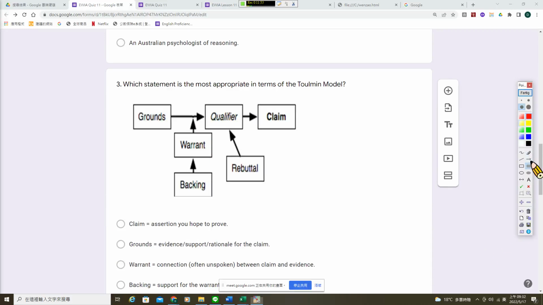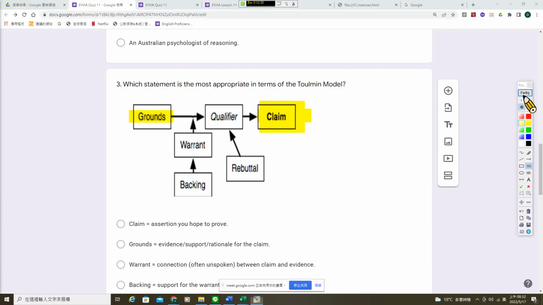You will say something, for example, hey, let's have McDonald's for lunch today. And why? Well, because during the pandemic era, the food over there is healthy and sanitary. So this is the ground. The food in McDonald's is sanitary, is healthy, and the claim is, so we have to go there for our lunch.